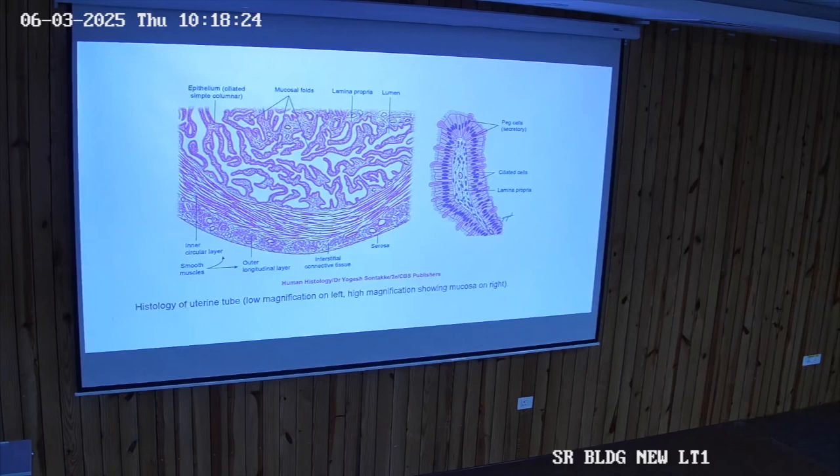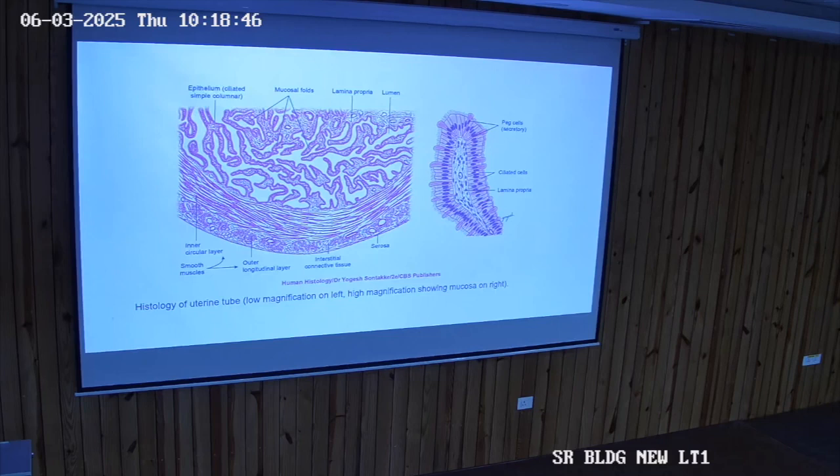So this is the inner side of the fallopian tube. If I go from inside to outside, what are the layers? This is the mucosal folds. What does the mucosal fold bear? It has the epithelium, it has the connective tissue. Underneath that, it has a muscle layer. Very nice.